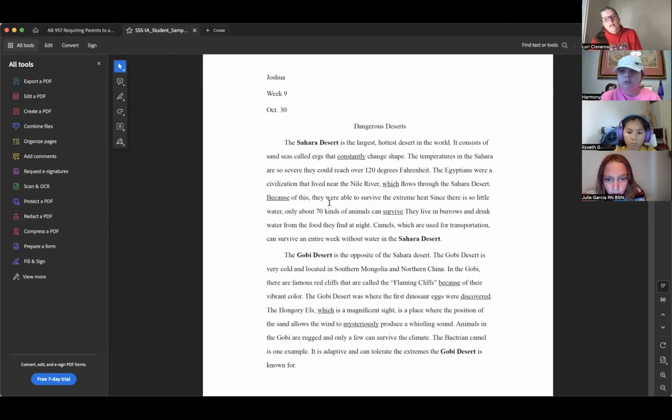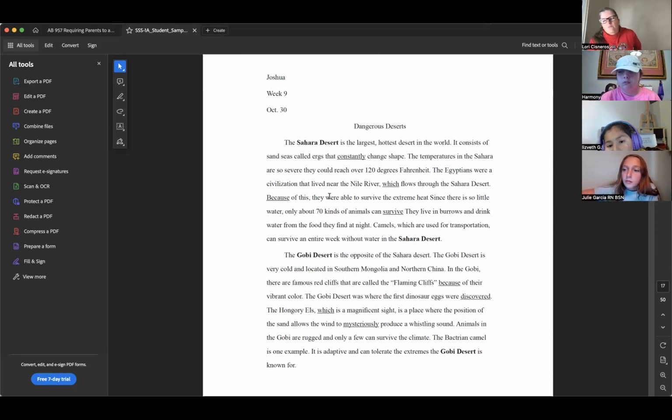Because of this, they were able to survive the extreme heat. Since there is so little water, only about 70 kinds of animals can survive. They live in burrows and drink water from the food they find at night. Camels, which are used for transportation, can survive an entire week without water in the Sahara Desert.